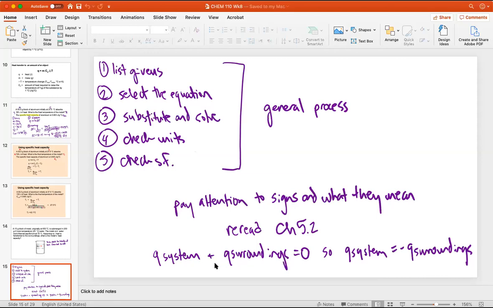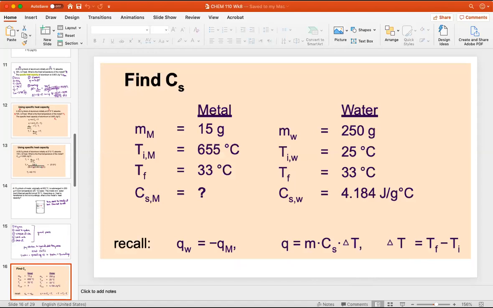If we think about our systems and our surroundings, when we sum those two together, we know that because we cannot create or destroy energy, it's only transferred between these two. So whatever happens to our system is going to also impact our surroundings. So that's the reason why we use this negative sign to show that transfer is occurring.